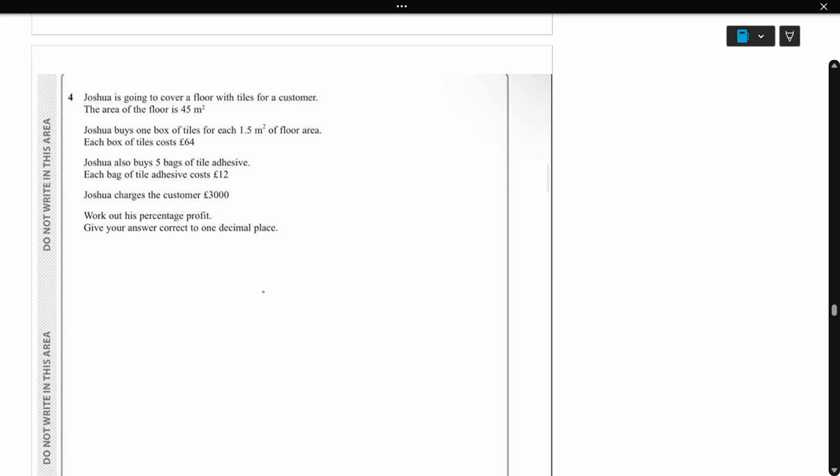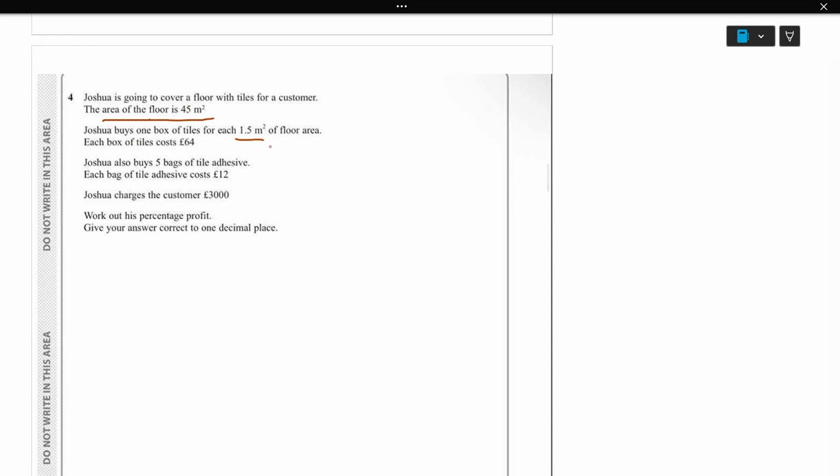Next one, Joshua is going to cover a floor with tiles for a customer. The area of the floor is 45 square meters. Joshua finds one box of tiles covers 1.5 square meters of floor area. Each box of tiles costs 64.